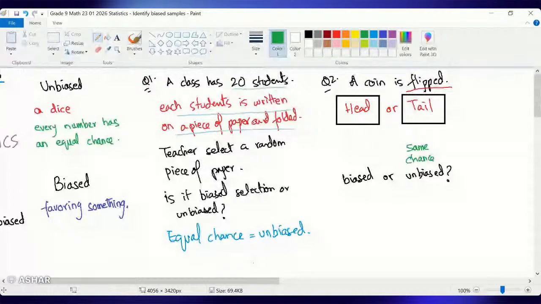That means in this case we would say a coin is unbiased until you make it otherwise.